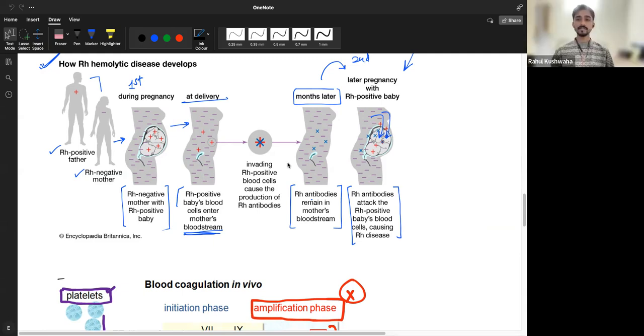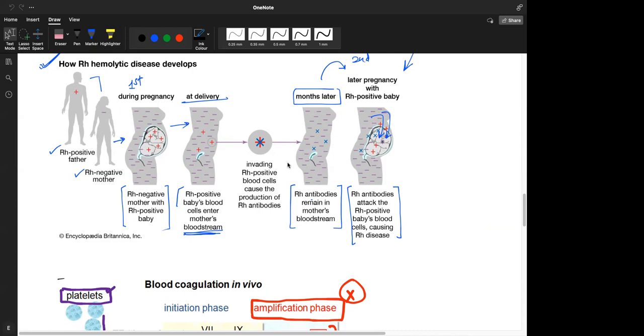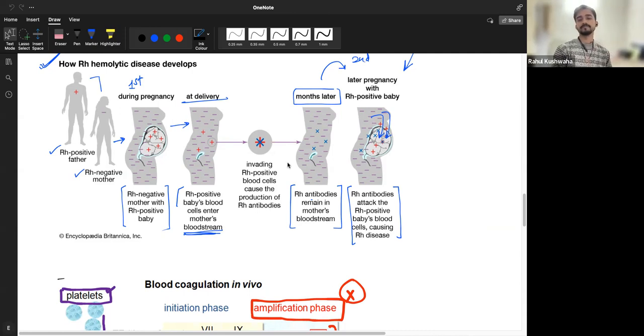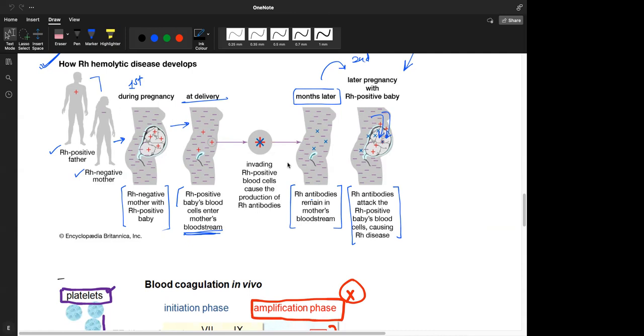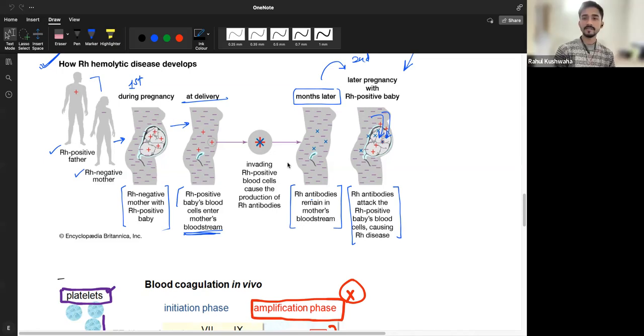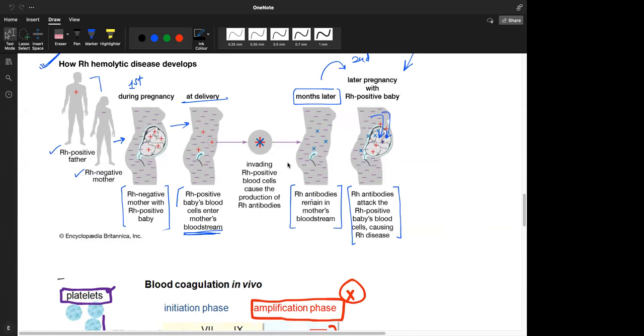Remember cytolysis, hydrolytic enzymes, glycolysis. Glycolysis is breakdown of glucose. Cytolysis is breakdown of the cell. So hemolysis or hemolytic disease means where the breakdown, damage or destruction of blood cells happens.